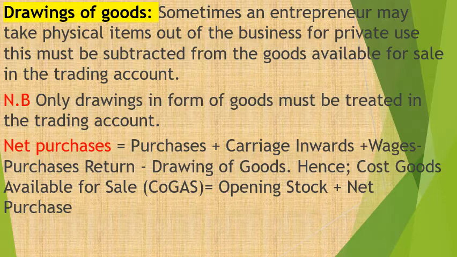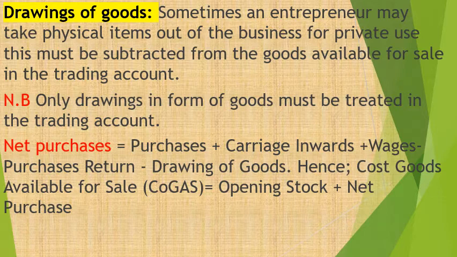So again here in the question they might give you drawings, and then that one you take to the balance sheet. But if they say drawing of goods, you have withdrawn some goods for your personal use, so you need also to credit. Then net purchases is equal to purchases plus carriage inwards plus wages minus purchases returns minus again the drawing of goods that you withdraw from your business.